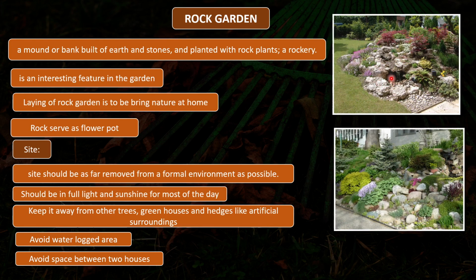Therefore you should not do this, where two houses are present and space is there, so you think of making a rock garden. That is not a good idea, right?